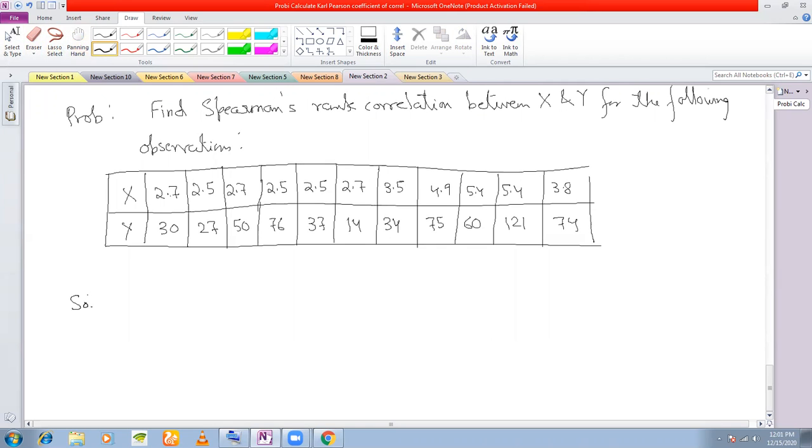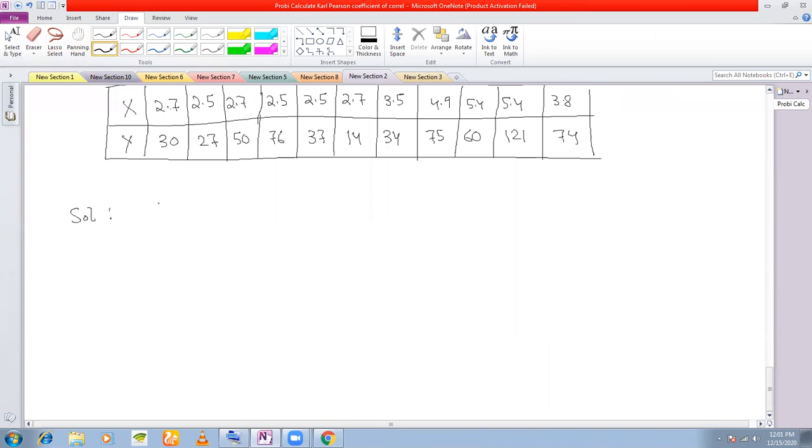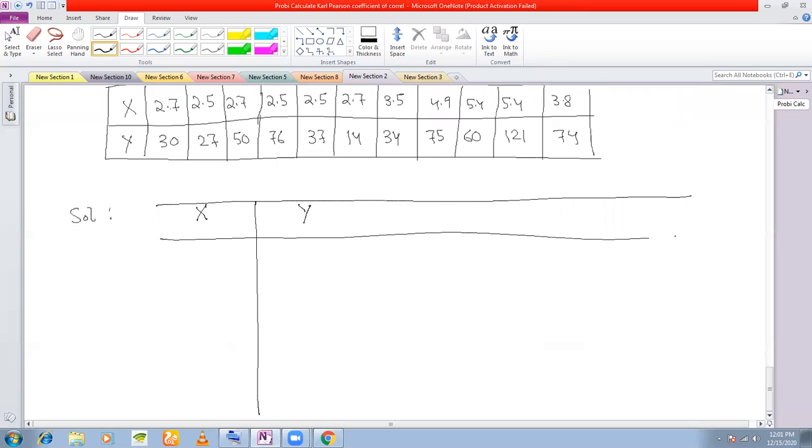For this question again, we will assign ranks. The first column will be for your X series observations. This is your X, this is your Y. Next is rank of X, rank of Y. Let's say R1, and rank of Y is R2.